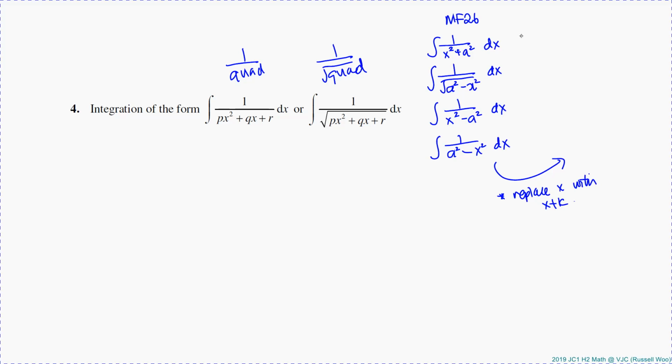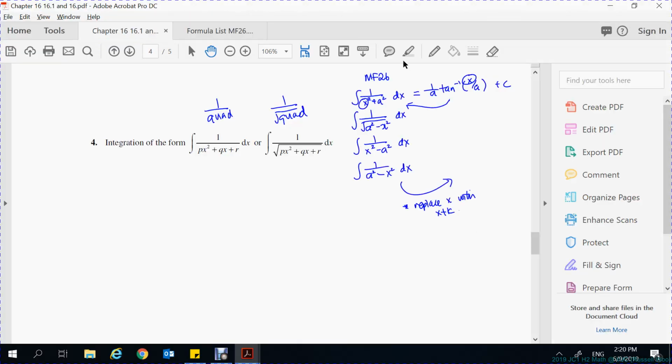Because if I say this is like that, it means I differentiate this, I will get back this. So imagine if I replace x with x plus k, I use the chain rule, I differentiate x plus k once, I will still get 1. I can still replace this with x plus k. No big difference.